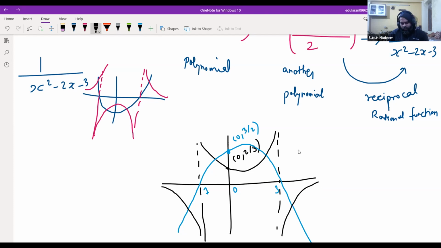So this graph is the reciprocal graph and the blue one is the polynomial graph. This is minus 1.